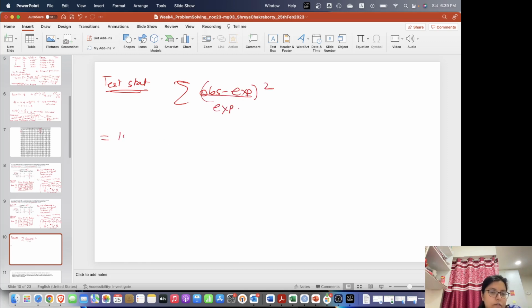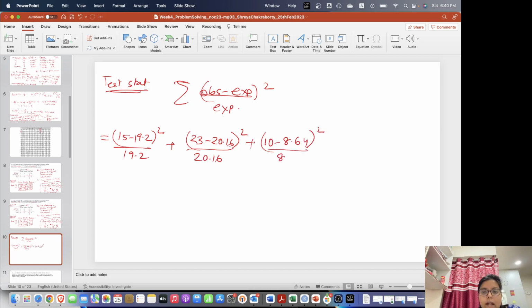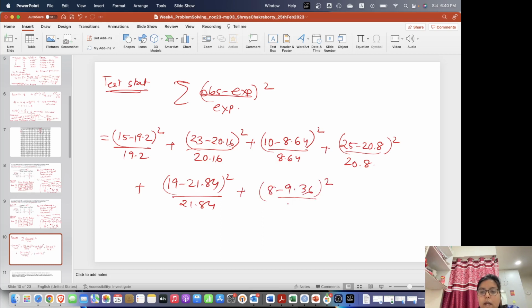So this will be 15 minus 19.2 whole square by 19.2, plus 23 minus 20.16 whole square by 20.16, plus 10 minus 8.64 whole square by 8.64, plus 25 minus 20.8 whole square by 20.8, plus 19 minus 21.84 whole square by 21.84, plus 8 minus 9.36 whole square by 9.36. How much do you get for this?